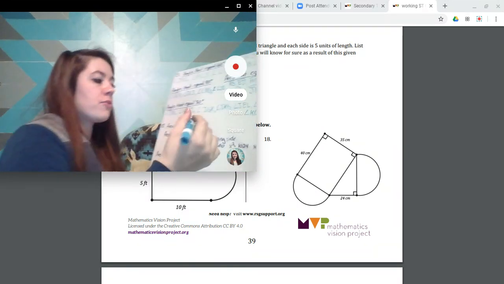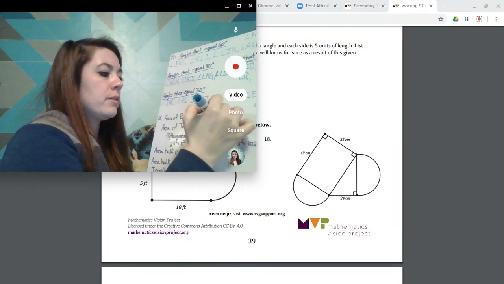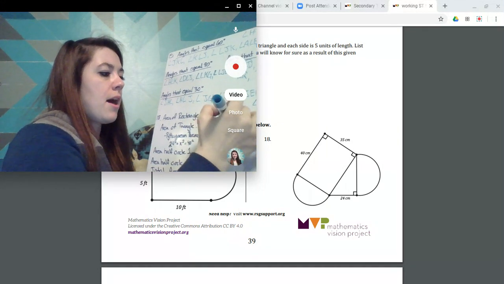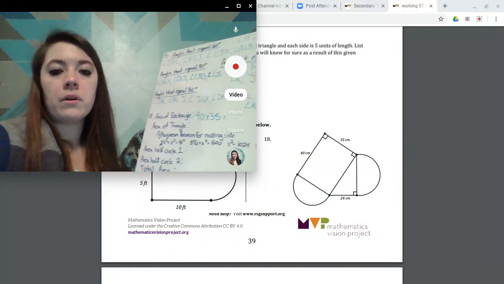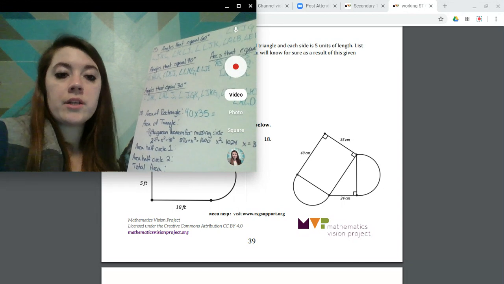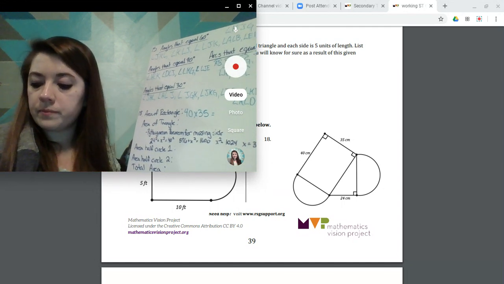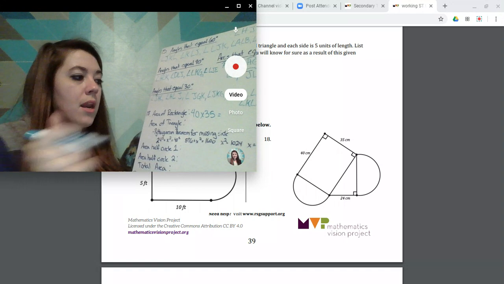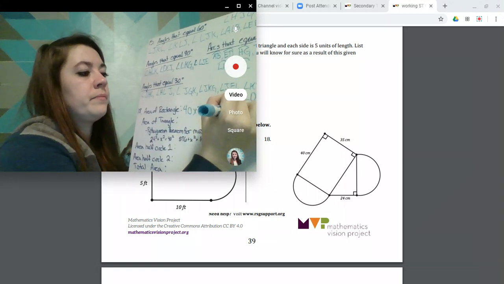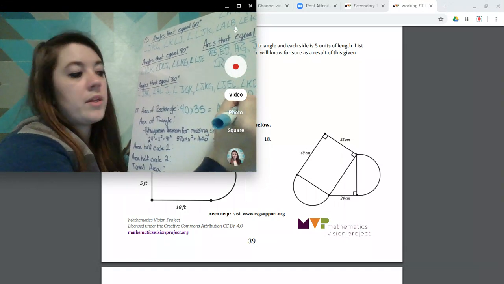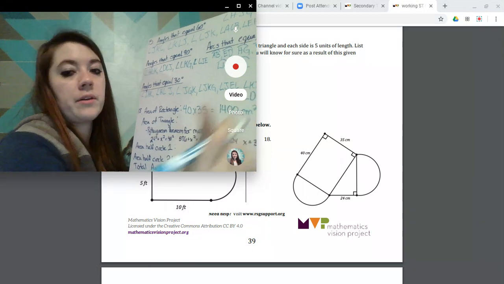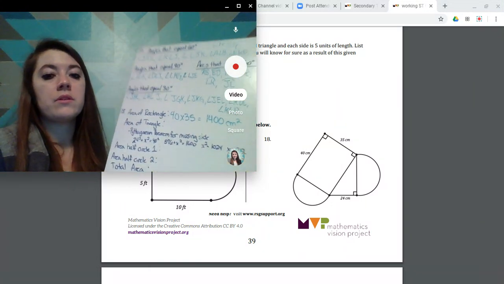So the area of that large rectangle, we've got 40 times 35 is going to equal that area. So we're going to multiply those together. So we end up with 1,400. And our units is centimeters squared.